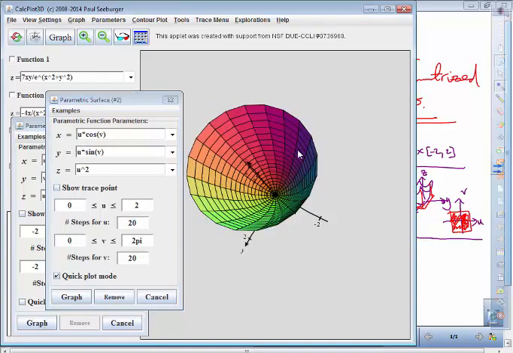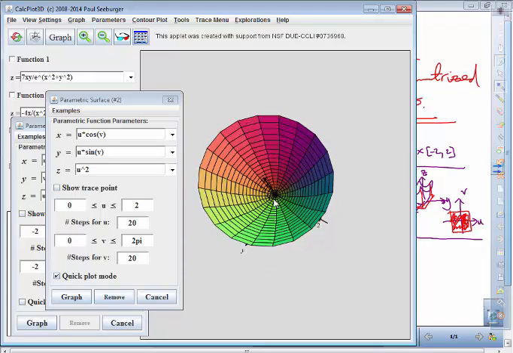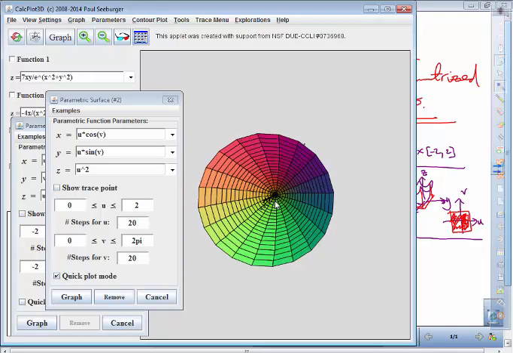So if we look at it from the top, r gives a radial distance, so r would be describing circles. I don't know if you can count, but there's 20 circles in there somewhere. If we cut this down to like 3, you should see 3, maybe 4 circles.